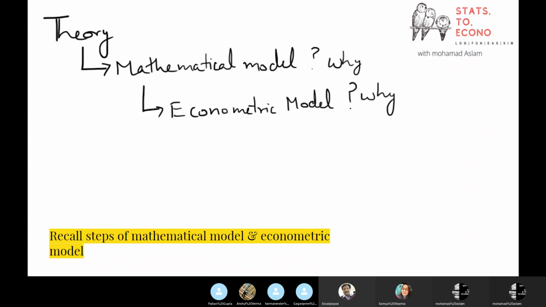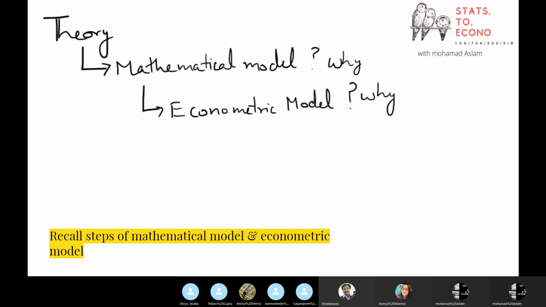Then you convert your theory into a mathematical model. That's the first step, and within that there are 3 or 4 important things that I already explained in the first class.